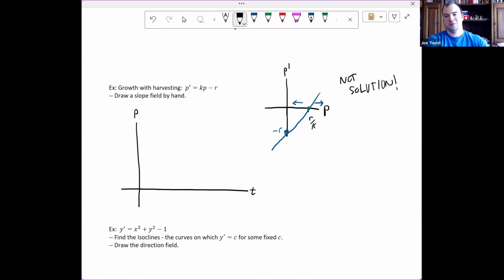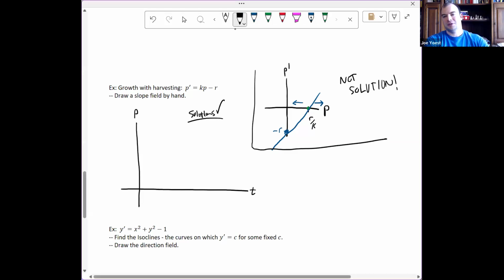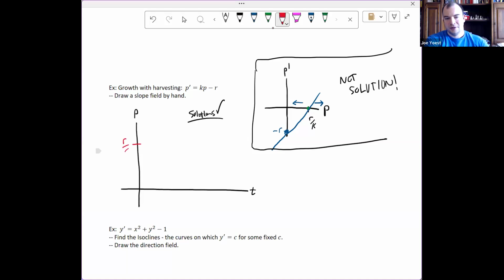So here's t, here's P, these are solutions. Now, this is not a solution, it's just helping us understand the regimes when P is increasing or decreasing. And I see at R over K, we're taking R and K both to be positive here, I have an equilibrium solution.